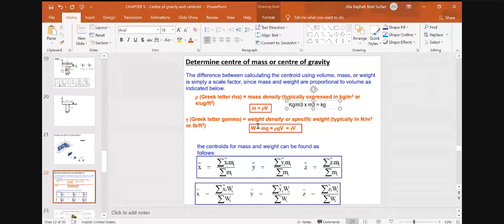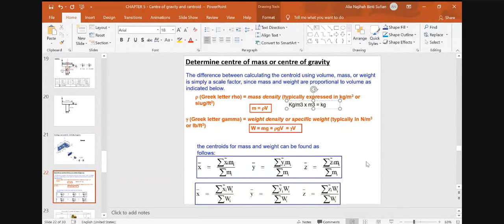So weight is also given as m times g, m times gravity. M just now is rho v. So we have rho vg or rho gv. With gamma equal to rho g, we also have w as gamma v.